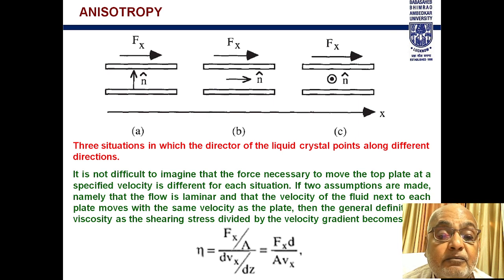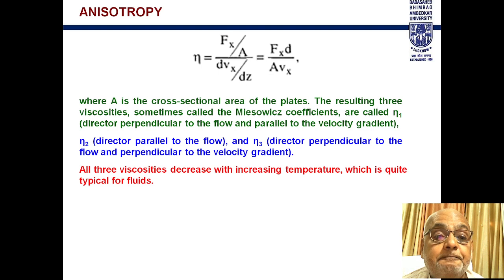If two assumptions are made, namely that the flow is laminar and the velocity of the fluid next to each plate is the same as the velocity of the plate, then the general definition of viscosity as shearing stress divided by the velocity gradient becomes eta equals Fx/A divided by dVx/dz, which equals Fxd divided by AVx, where A is the cross-sectional area of the plate, resulting in three viscosities, sometimes called the Miesowicz coefficients: eta 1 directed perpendicular to the flow direction, eta 2 directed parallel to the flow direction, and eta 3 directed perpendicular to the flow and perpendicular to the velocity gradient.